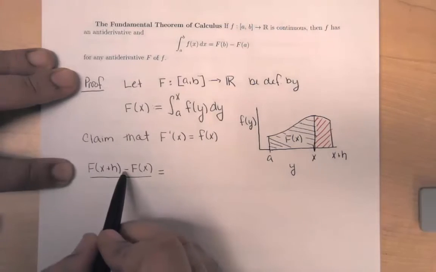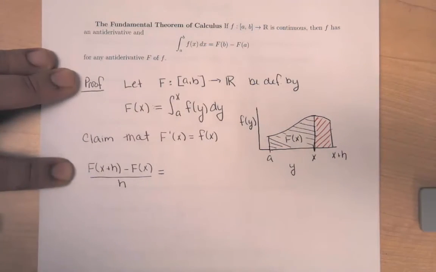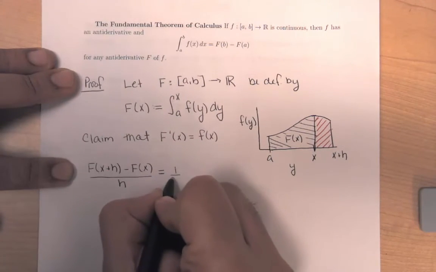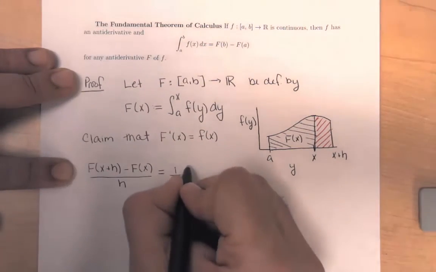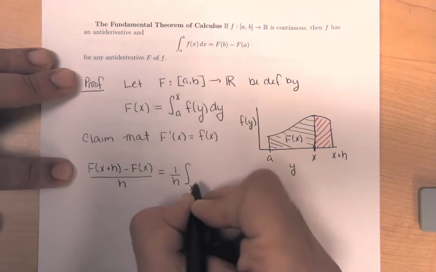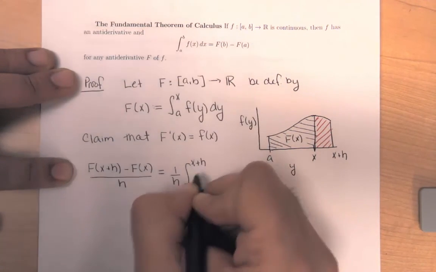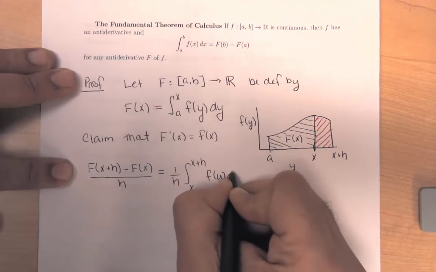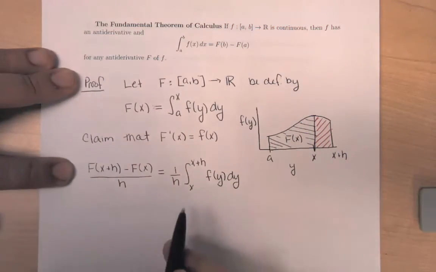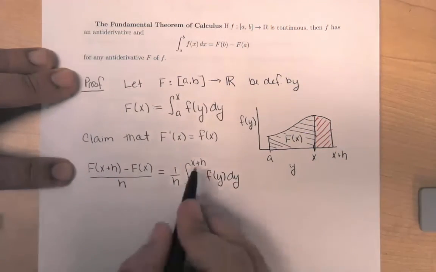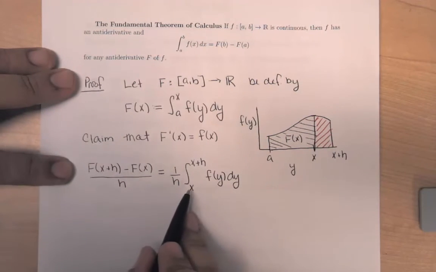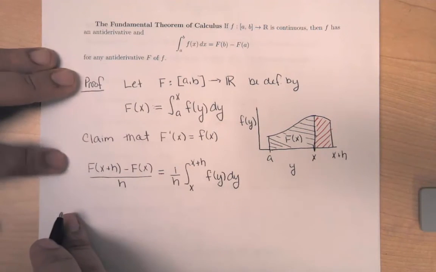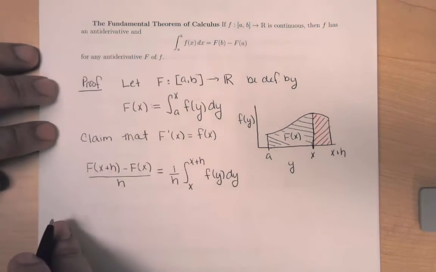Right? This numerator is given by that red area. So I get 1 over h times the integral from x to x plus h of f of y dy. Now, by the way, I am assuming here that h is positive, right, by the way I wrote my integral, which means I'm actually going to take a limit from the right, but that's okay, we can also take a limit from the left as well.